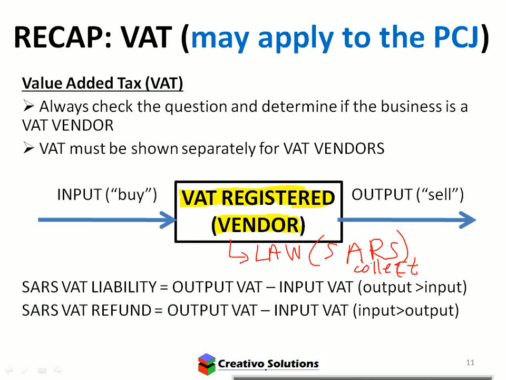That's their role. Remember, in South Africa we have government, which is a role player, and we have SARS, which is part of government, but they're separate. They're standalone. They're not directly linked to government.